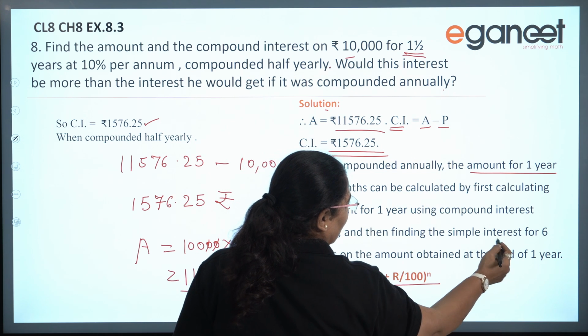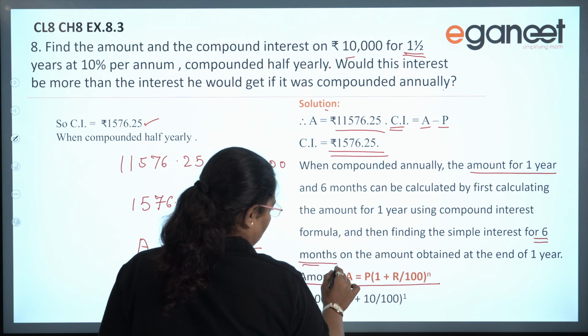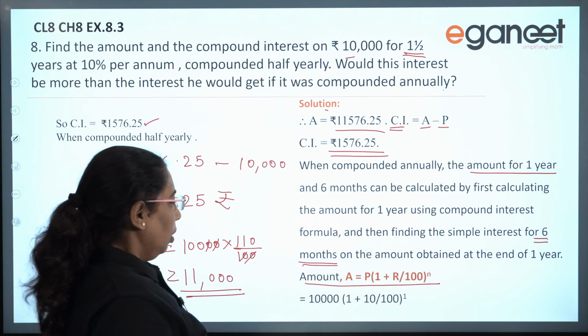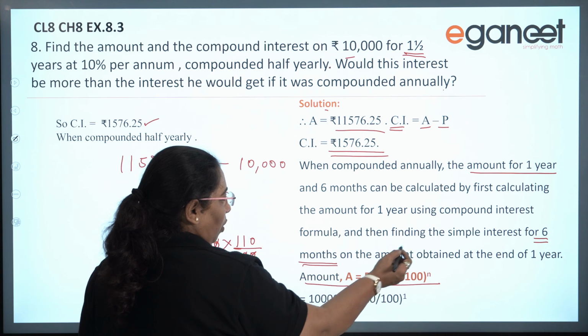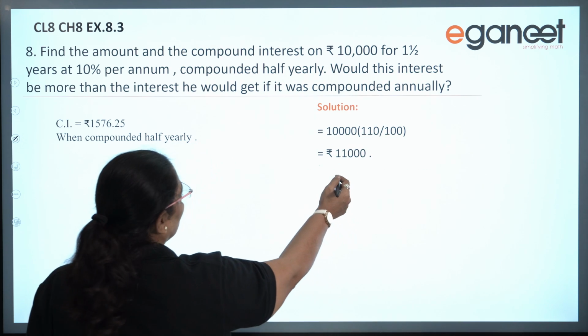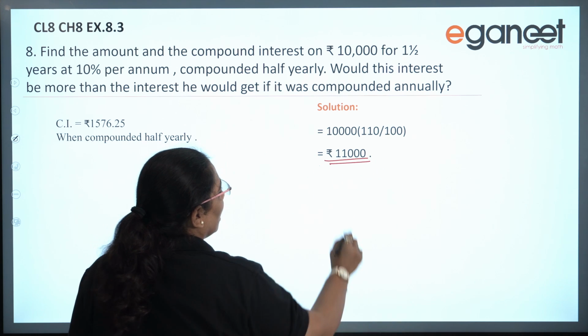We have to calculate again the interest for 6 months. How we are going to calculate it? We will apply the formula of simple interest. Just now we had seen that it is 11,000.